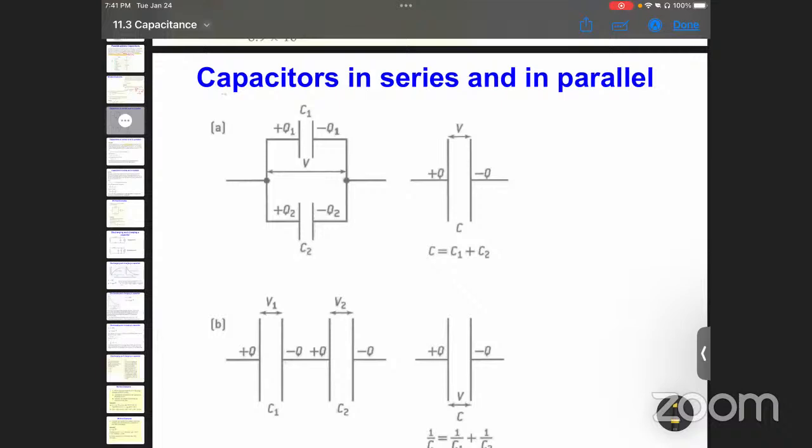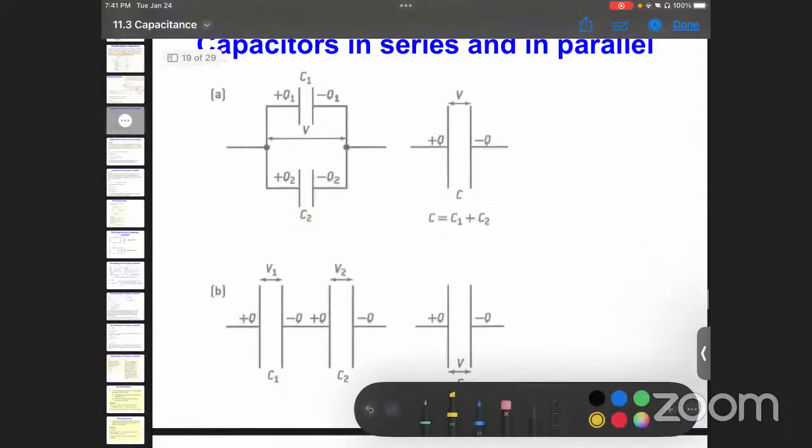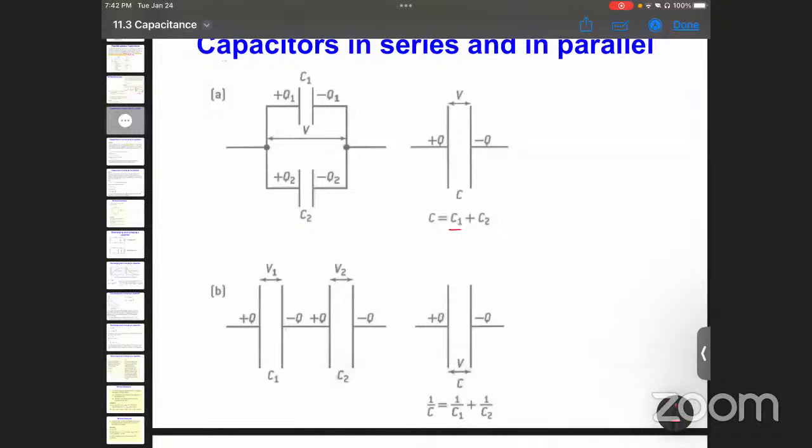Where are C1 and C2? Stop, this slide. You're looking at the correct slide. Look at the left image. You see the C1 and C2? There are two capacitors there and they are in parallel.